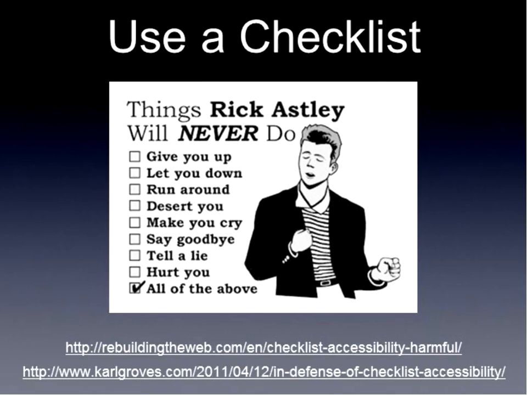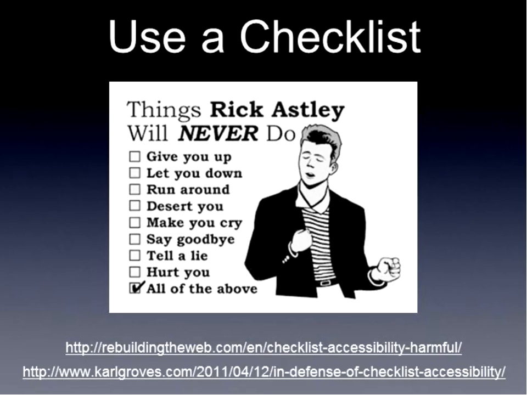Checklists can be really helpful in evaluating accessibility. Now, I just spent several minutes talking about the limitations of accessibility guidelines and standards and how they can't ensure accessibility, but they lend themselves to accessibility. And so a checklist can be pretty helpful. There are some URLs there, and you can check those out later. One was a blog post talking about checklist accessibility as being harmful to the user experience.